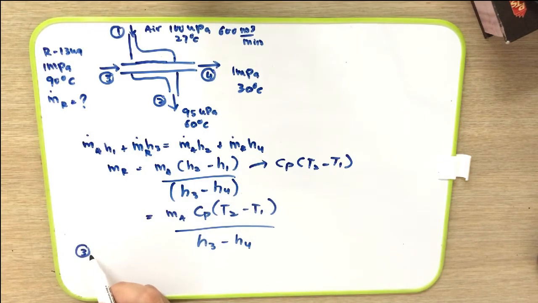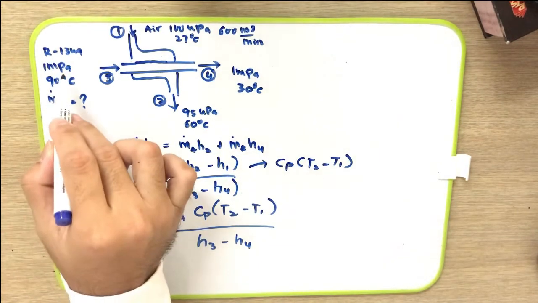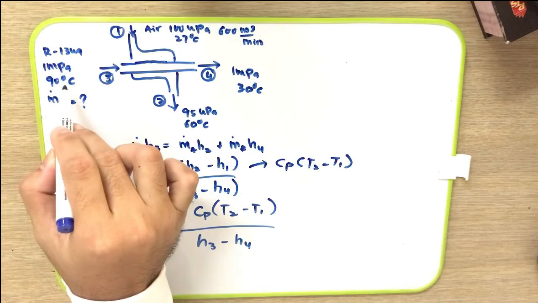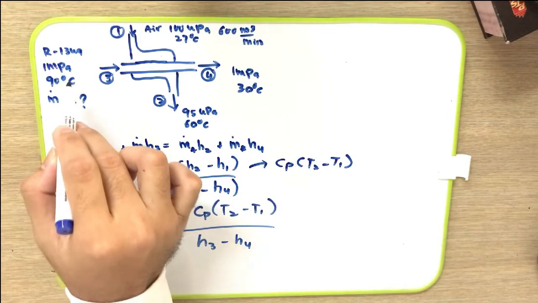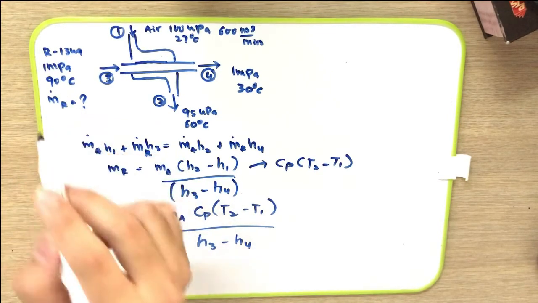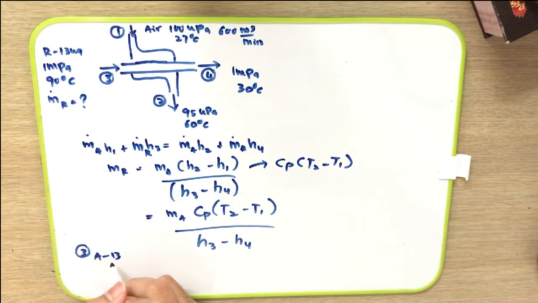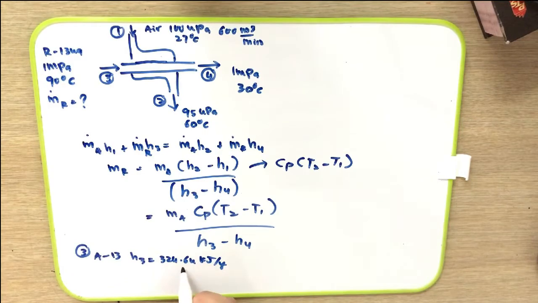At point 3, when we consider at 1 megapascal and 90 degrees C, we have found that the phase at this stream is superheated. So from table A13, we can find that the h3 is equal to 324.64 kilojoule per kg.